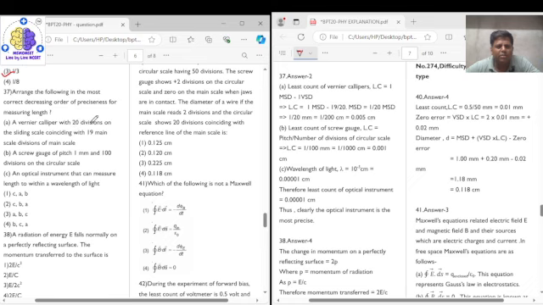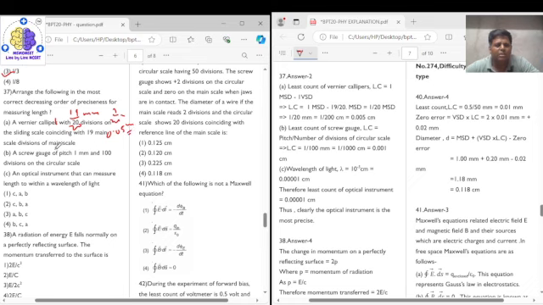So here the least count will be (20 minus 19) upon 20 millimeter, that is 1 upon 20 millimeter, that is 0.05 millimeter, the least count for the first case, right?